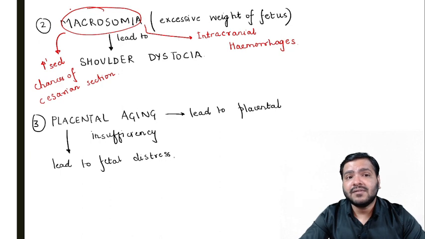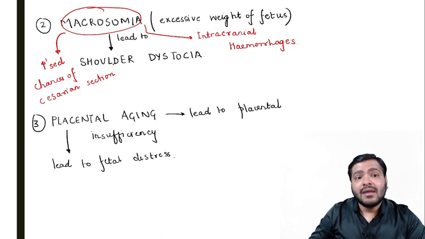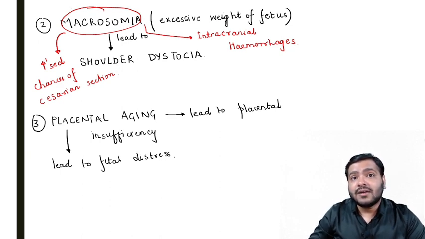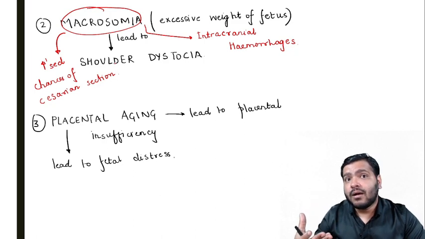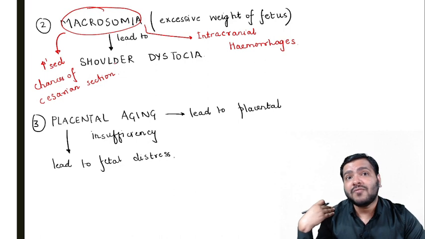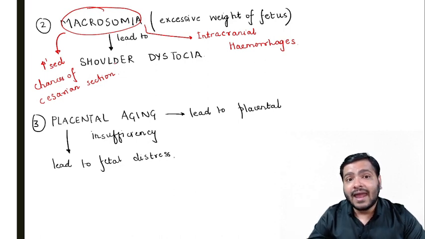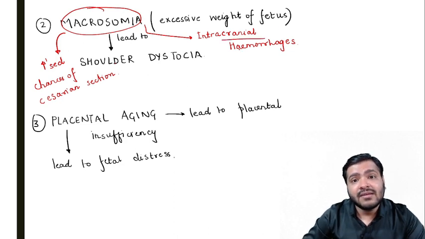Excessive weight of the fetus will be there, and the excessive fat will be deposited on the shoulder of the fetus, and that's why it can lead to shoulder dystocia. While vaginal delivery, you will try to pull the shoulder, it will not come out, and that's why macrosomia can increase chances of intracranial hemorrhages. That is again a very important complication.